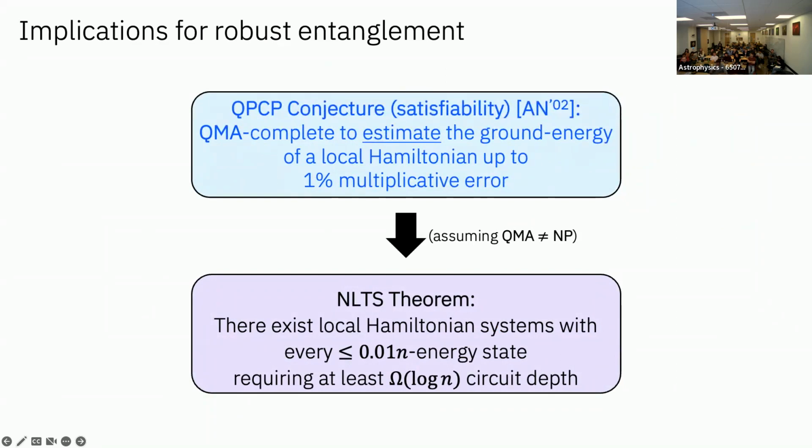So this seemingly innocuous statement that's just about complexity theory actually has a fundamental underlying statement about NLTS and robust entanglement. And one way to think about this that sort of resolves this mystery is that this theorem isolates the entanglement complexity from the notion of computation in the quantum PCP conjecture.